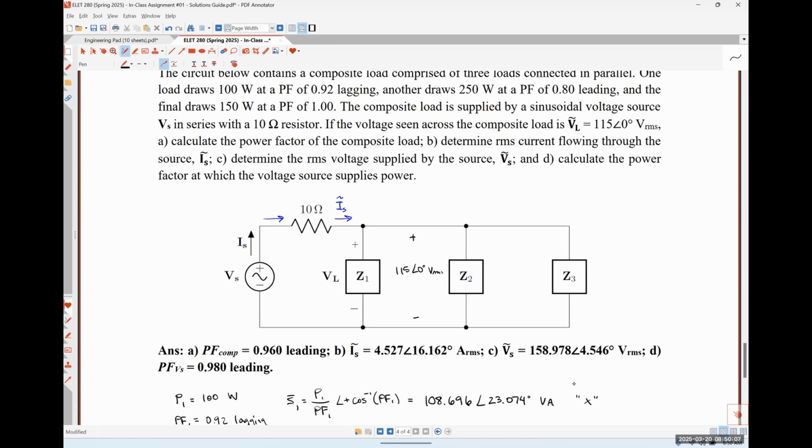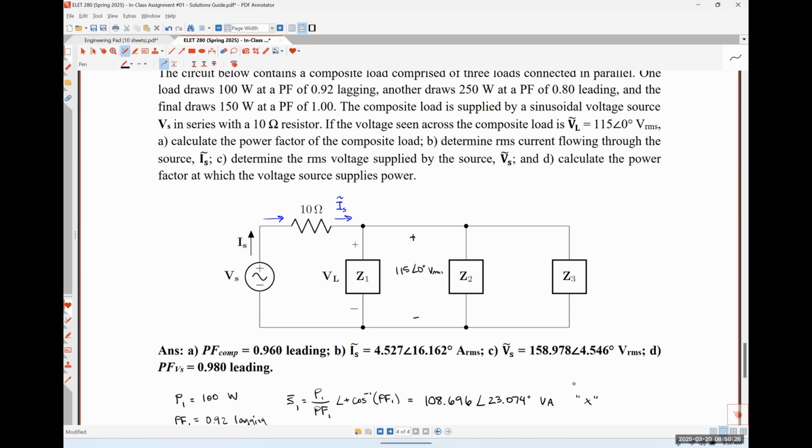So we can't use voltage division here because we don't know what those impedances Z1, Z2, and Z3 are. That's a good suggestion, but because we were given information about the power absorbed by those loads instead of the impedance of those loads, voltage division isn't going to work out for us.